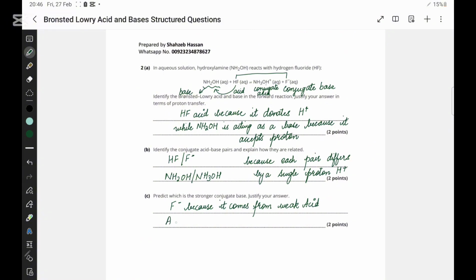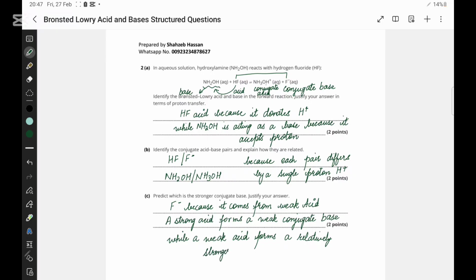And remember one thing, a strong acid forms a weak conjugate base, while a weak acid forms a relatively stronger conjugate base.